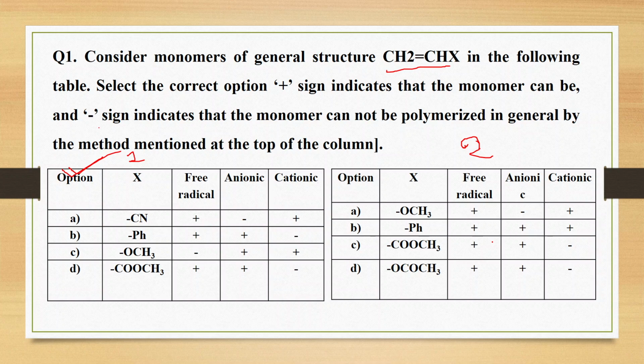Look at the functional groups and try to think whether they will stabilize a radical, anionic or cationic species, and then you can easily tell the answers.